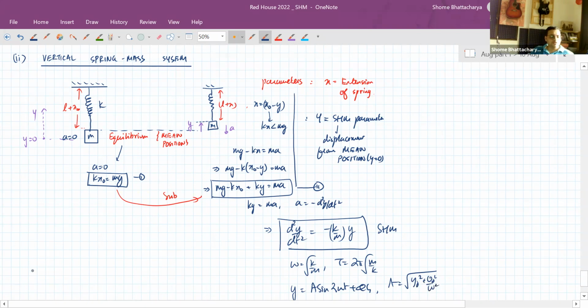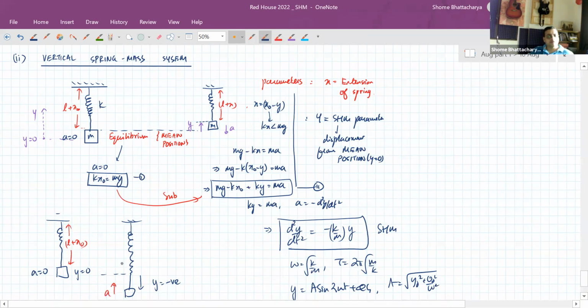Now this can also be shown from the other side. That is, if we give more extension from the mean position. So this is our x equal to 0 position. This is L plus x naught. This is our y equal to 0 position. Now from here, we pull it down. Then we are giving a negative y displacement, but the acceleration will be positive.